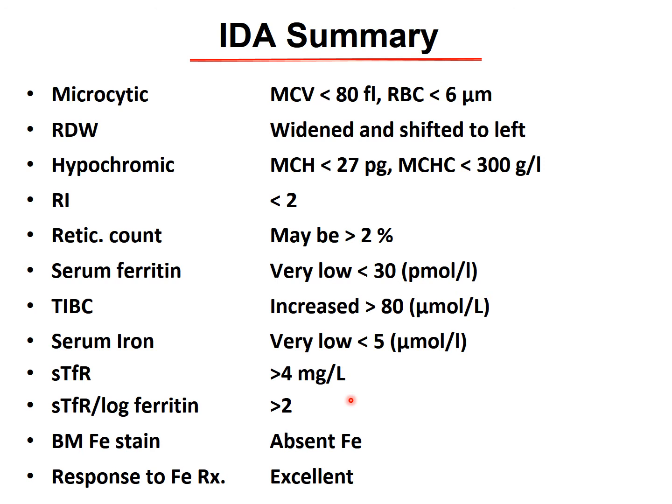So the soluble form is going to increase, representing more need for iron in the bone marrow. Now they make a ratio of the soluble transferrin receptor over the log ferritin, and if it's higher than 2, that means iron deficiency. If it's less than 2, it means chronic disease-associated iron deficiency.